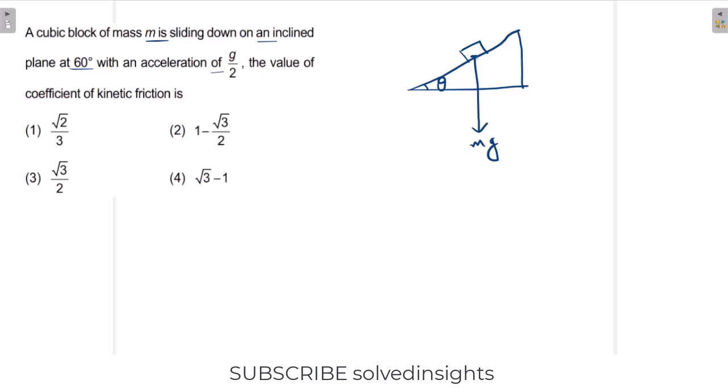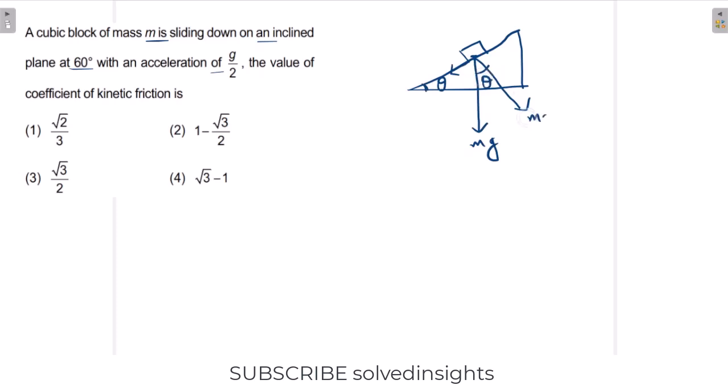Now, if we divide mg into two parts, one in this direction, another along the inclination. If this is the angle theta, then this angle will also be theta.